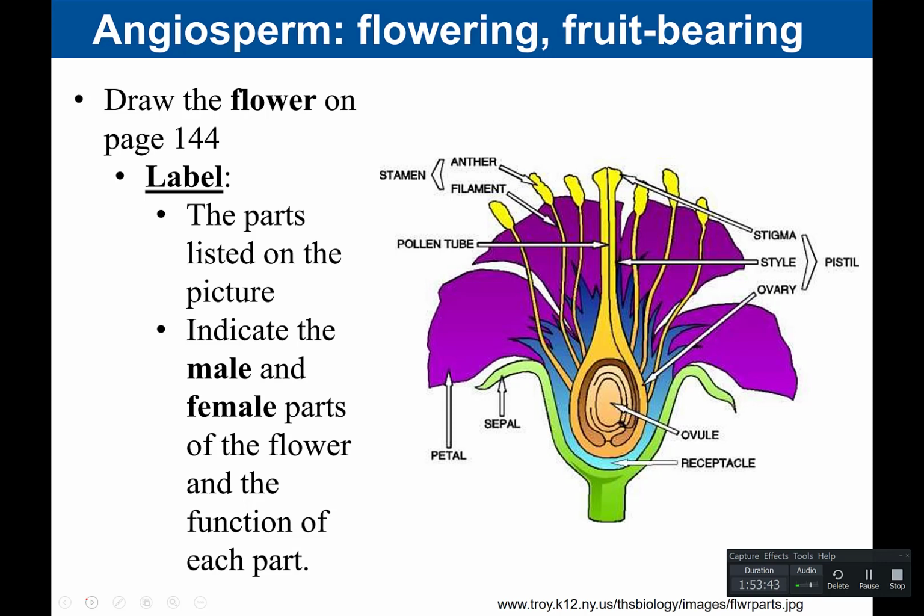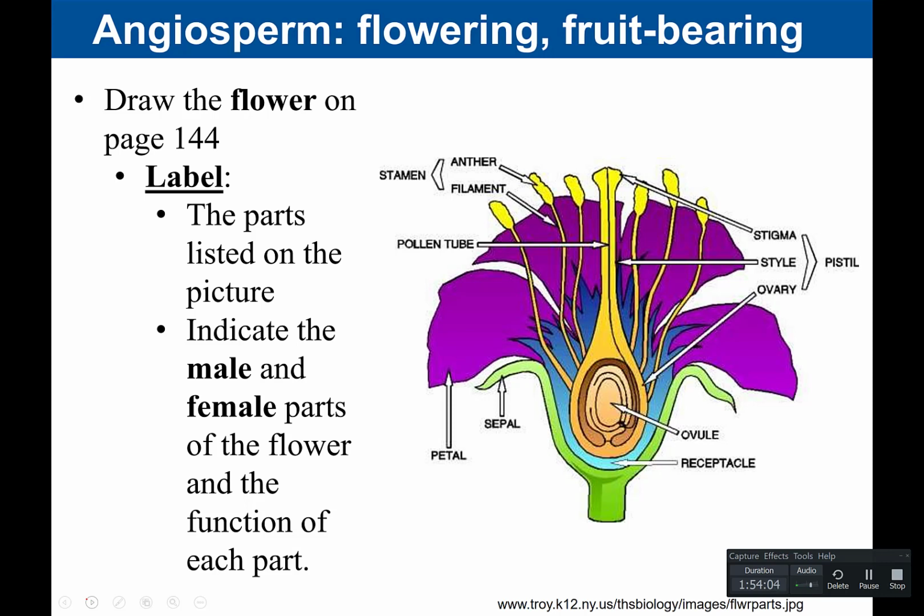They will also ingest the seeds. Animals are mobile. They move to a different spot. They defecate, out come the seeds, and they germinate into a new plant. So the angiosperms are going to have the evolution of flowers and fruit.